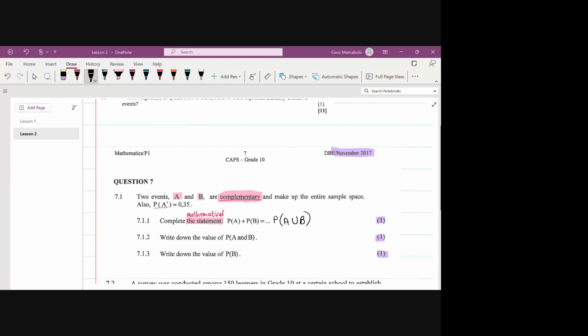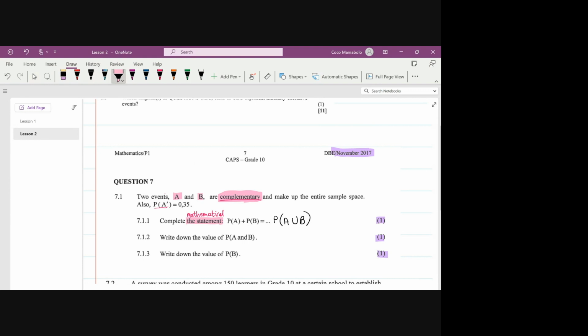I just want to make sure Kulani is with me. I hope I haven't confused you, because your answer is correct, Kulani. Your answer is spot on, but that's not what they asked us for. So they're asking us for the statement here, not the answer.